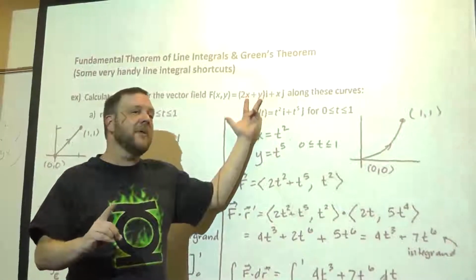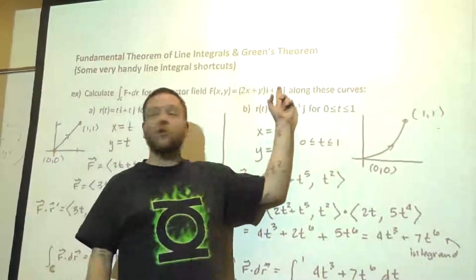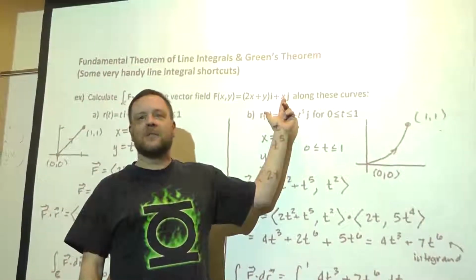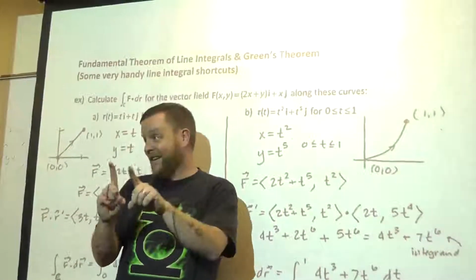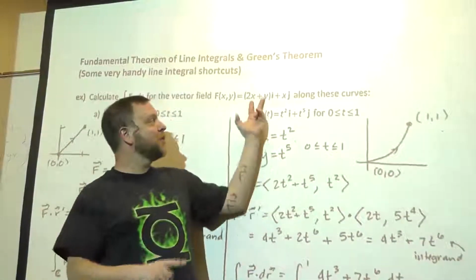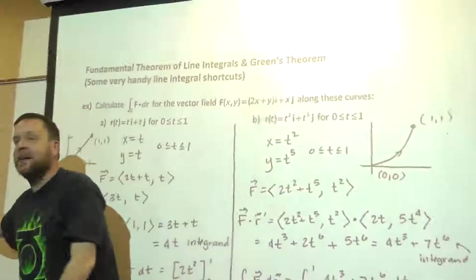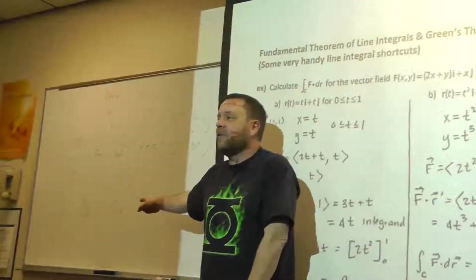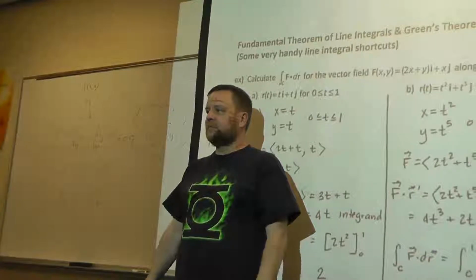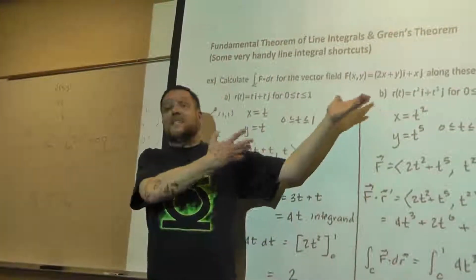So the partial of P with respect to y is 1. The partial derivative of Q with respect to x, 1. Keep in mind you got to mix them up. So partial with y there is 1, partial with x here is 1. If those partials are equal like this, then you've got the criterion for a conservative vector field, which means this is some function's gradient.